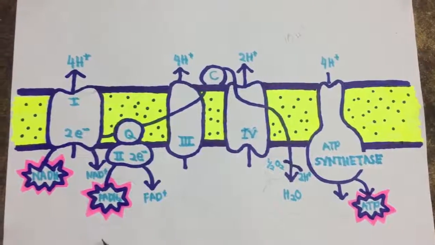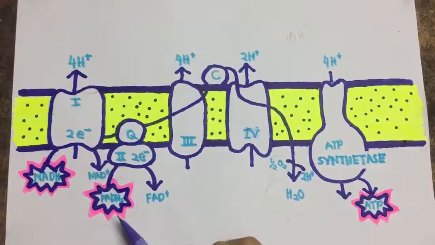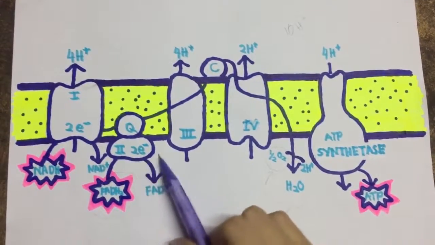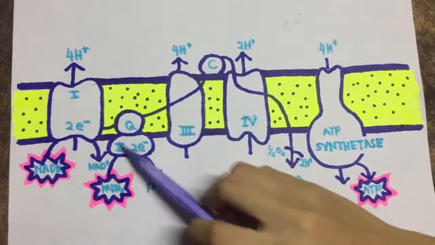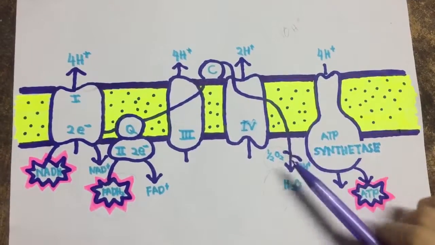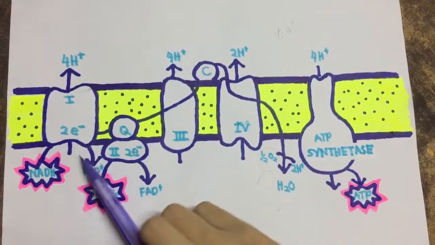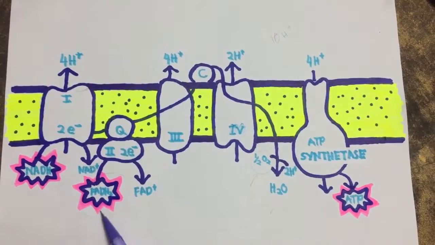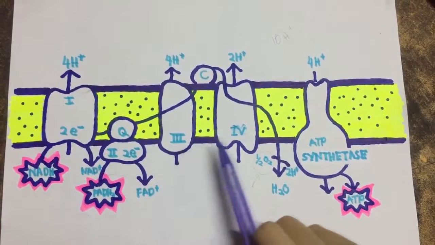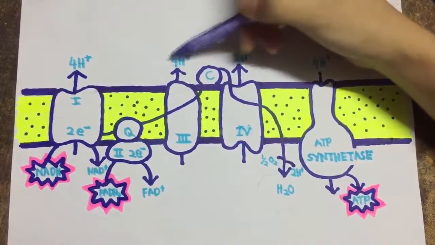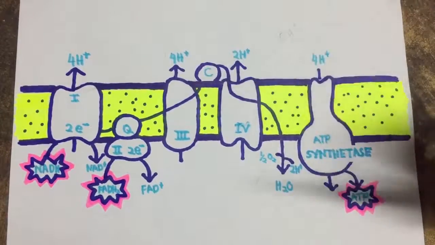A similar process occurs when FADH2 is used as the electron donor. 2 electrons will get donated to protein complex 2, which will then pass through coenzyme Q and onward down the electron transport chain. Because complex 1 is not involved when FADH2 is the electron donor, only complex 3 and 4 pump out protons, and that would make a total of 6 protons.